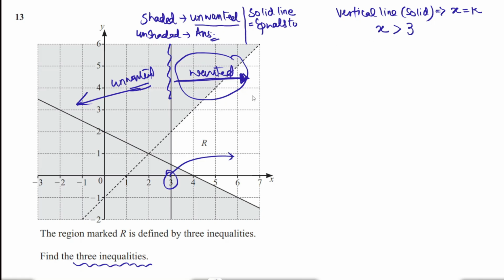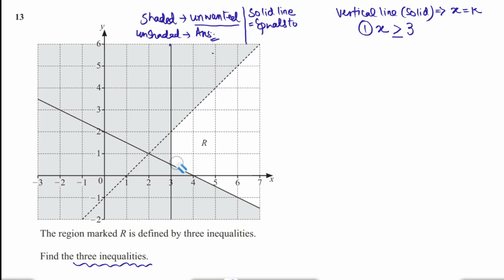Since it is a solid line, 3 will also be included in the answer. So x is greater than or equal to 3. That is the first inequation. Whenever there is a solid line, you need to include the equal to sign. If there is a dotted line, then you do not include the equal to sign. So we are done with the first one.